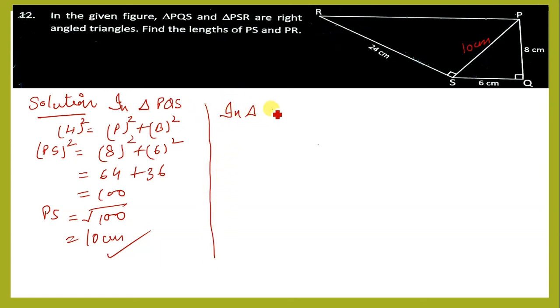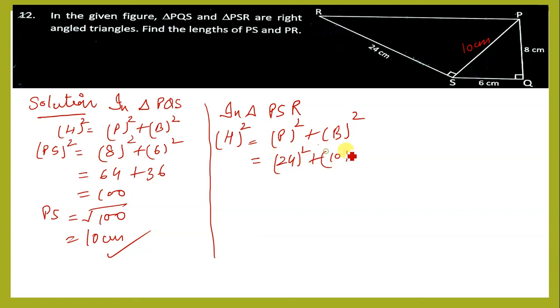Now the next triangle we have is triangle PSR. So in triangle PSR, same rule, Pythagoras theorem: hypotenuse square equals perpendicular square plus base square. Now in this, PR is the hypotenuse that you have to find. What is perpendicular? That is 24 centimeter and base is 10, or else 10 plus 24 you can consider.